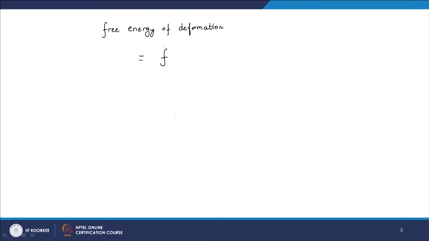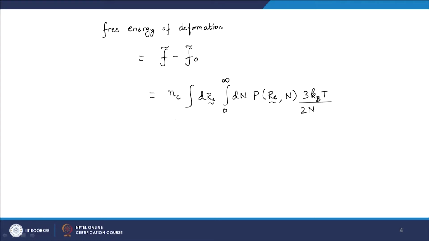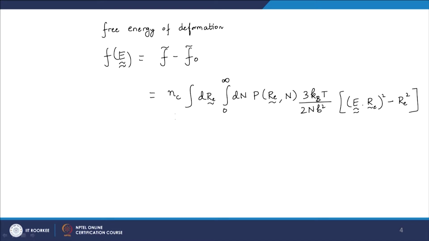Which is essentially F minus F naught, and you can notice that this is a function of the deformation gradient tensor, and that is the reason why we called it f of E. Okay.